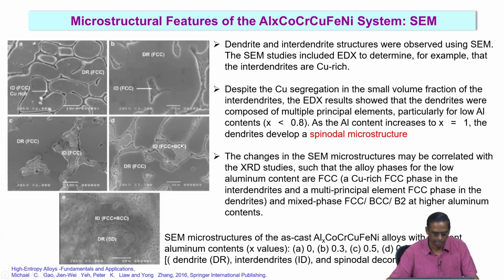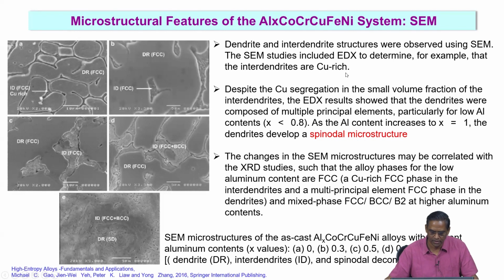When it reaches 1 aluminum, then you see a spinodal decomposition microstructure, and then you have a very small interdendritic FCC plus BCC mixture here.